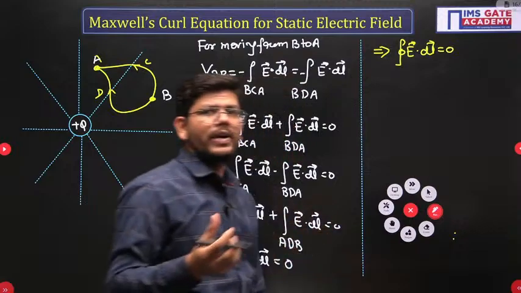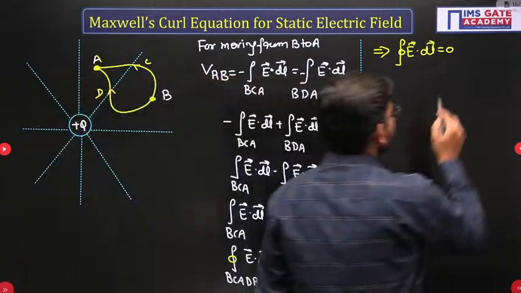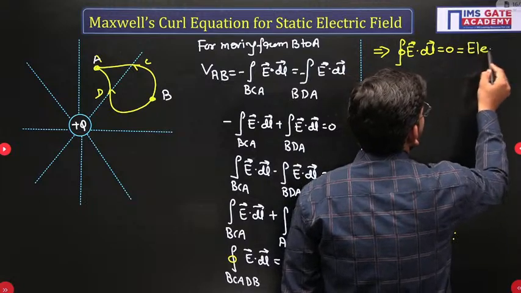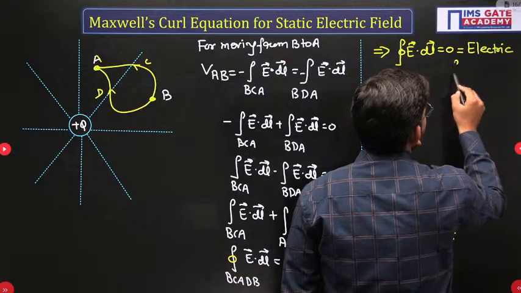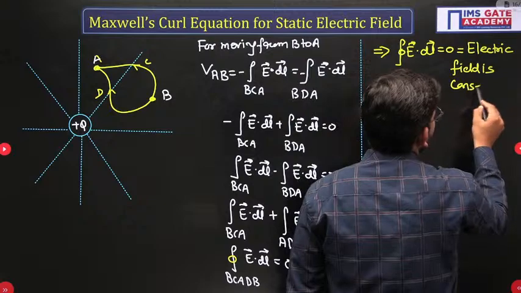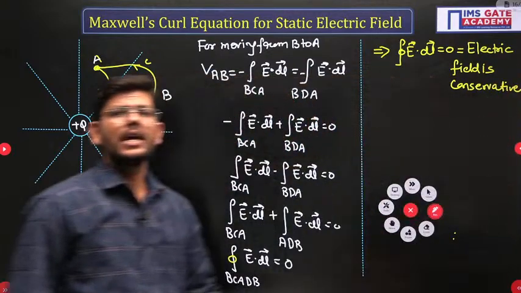Whenever you are evaluating a line integral around a closed path and it is giving you 0, that means the vector field is conservative. So it gives us that the electric field is conservative.